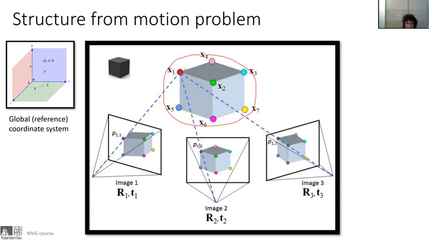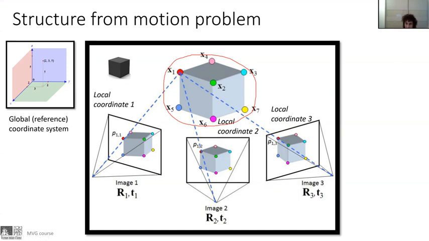Moreover, each point in each image is given in its local coordinate system. Essentially, each camera has its local coordinate system.